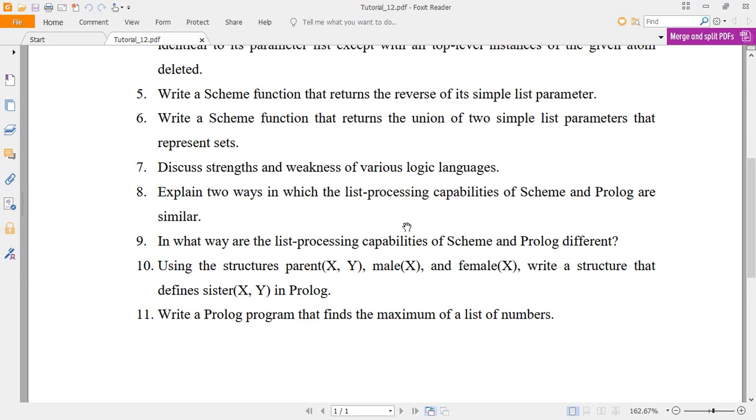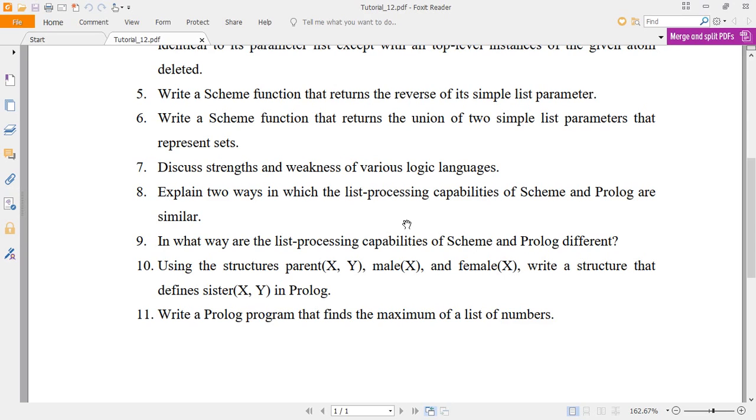Anyhow, you know the strengths of the Prolog language. You also find out the features of answer set programming, that is called ASP, and Datalog. Next we'll move on to the 8th question. Explain two ways in which the list processing capabilities of Scheme and Prolog are similar.